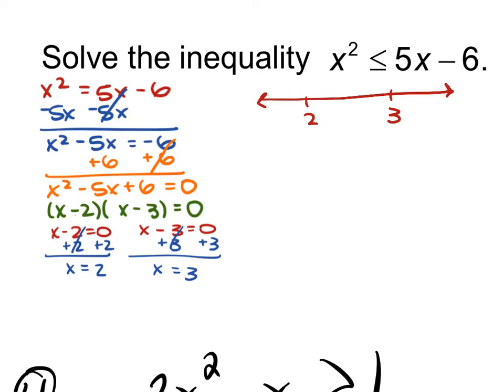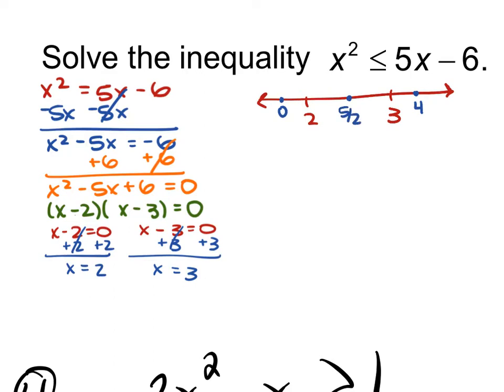So I'm going to pick the easiest numbers that I can. Easy number that's less than 2, 0. Easy number that's greater than 3 can be 4. Between 2 and 3, I would go half. So I'm going to use 2 and 1/2, which is the same thing as 3 over 2. Or sorry, not 3 over 2, 5 over 2.